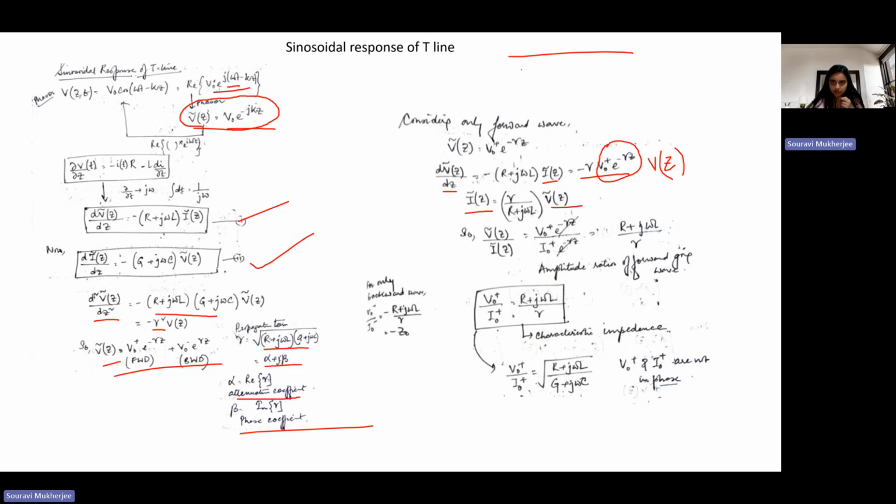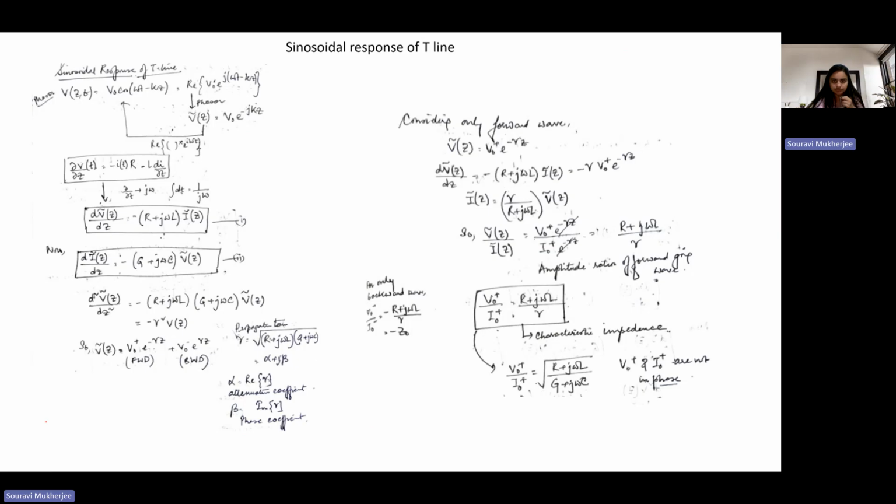So for some particular Z, what is Z? Be careful. If you have your transmission line, here we are talking about this direction as your Z. So that means at any particular Z value, the ratio of voltage to current, that's your impedance. And from here, you can see this is your ratio, right? So this is the characteristic impedance of your transmission line. Now what you can do is, as you can see, this is a complex quantity again.